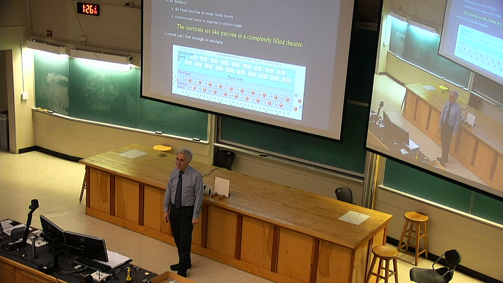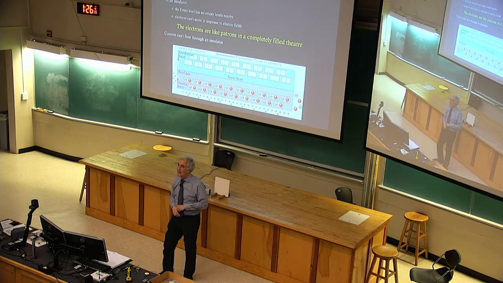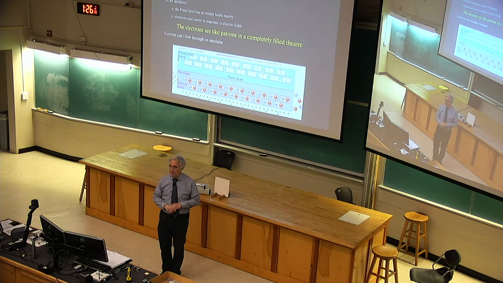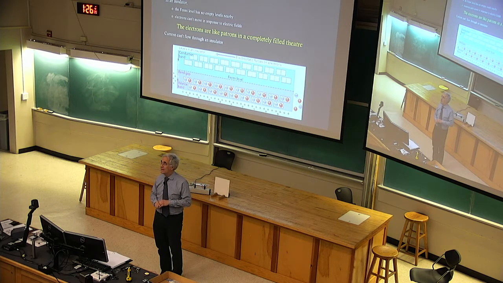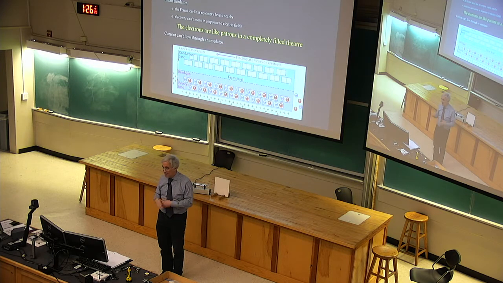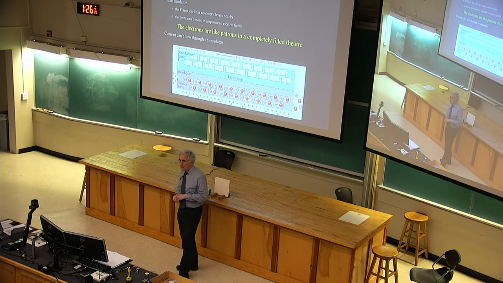It's the highest energy band that has electrons in it. It's not empty. The conduction band is a name for the band of levels that is empty. It's a set of standing waves, in other words, levels, that electrons could be in, but they're not.